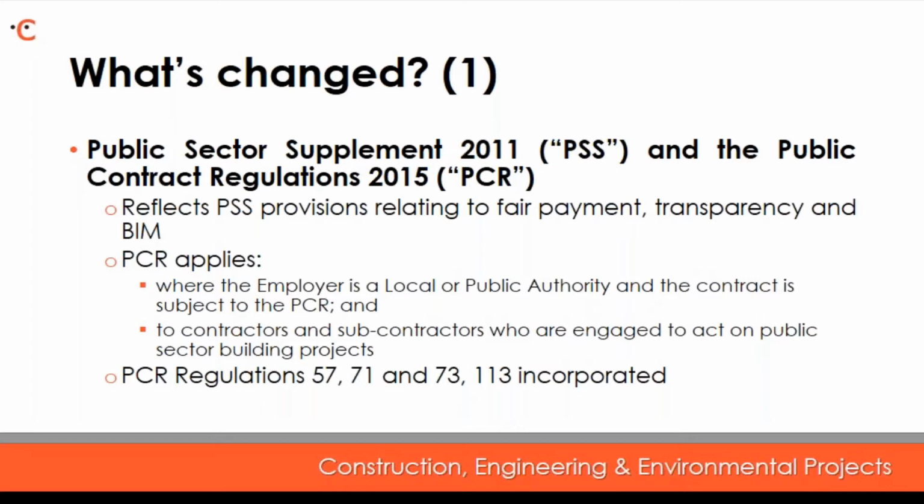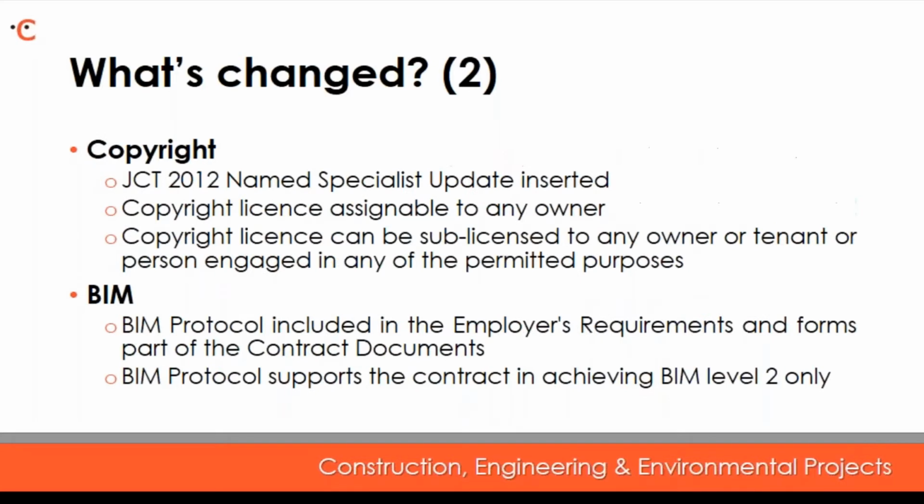So in addition to the right to terminate the contract under any of these three circumstances, the 2016 edition includes appropriate provisions to deal with the consequences of termination in each of these individual cases.